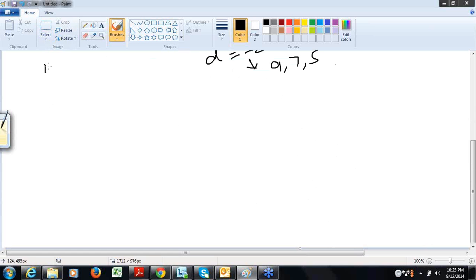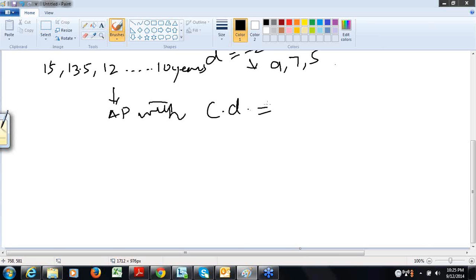First year it is 15, then 13.5, then 12. So till 10 years, it's an AP with common difference of what? Minus 1.5. So after 10 years, what will be the value?